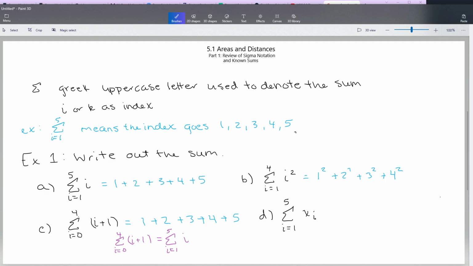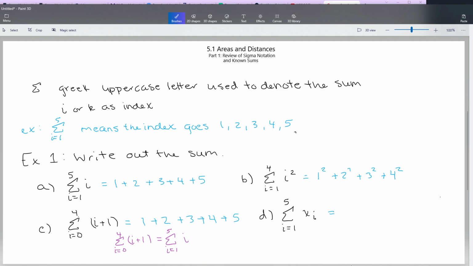Now we're looking at the sum from 1 to 5 of x sub i. Now this is how we normally see the index used, just to number different values of x. We even see it with linear functions when we talk about x1 and x2 when we're doing the slope.